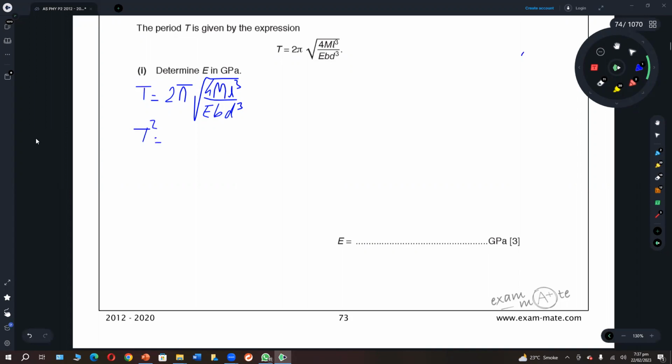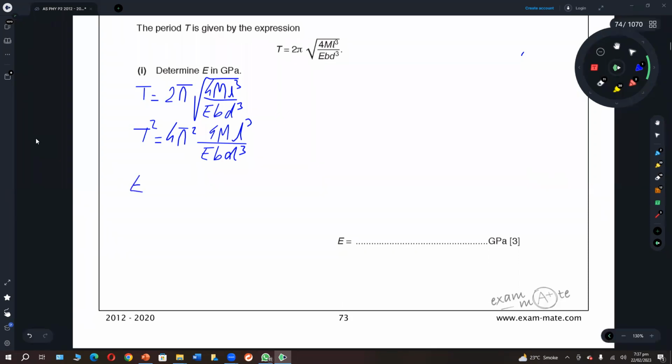Yes, the T will become squared. 4 pi square. Even the pi will be squared, obviously, because pi is not inside the root. Everything outside is squared. This is the first step, you have to make E the subject.